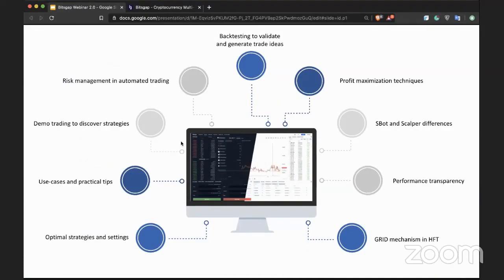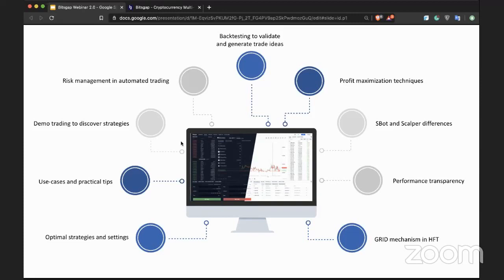First of all, I will tell you exactly what the optimal strategies and configuration settings for automated trading are to beat the market. I will also provide you with new use cases and practical tips. We will also discover the advantages of demo trading, which is absolutely risk free for you to trade and to optimize your trading strategies or even to discover new ones.